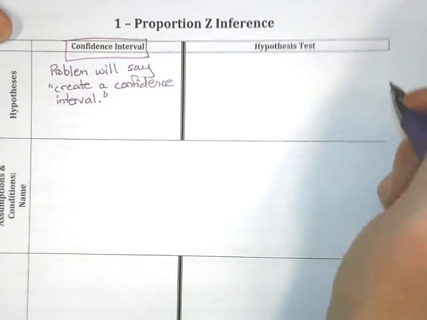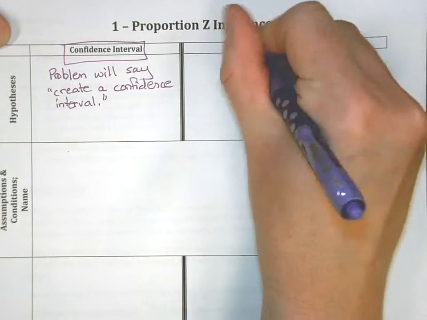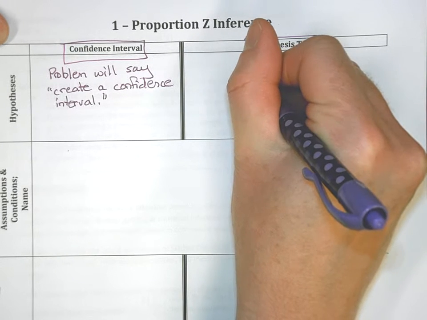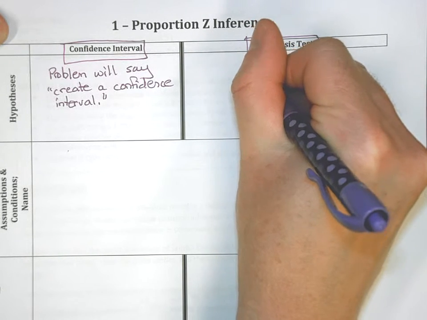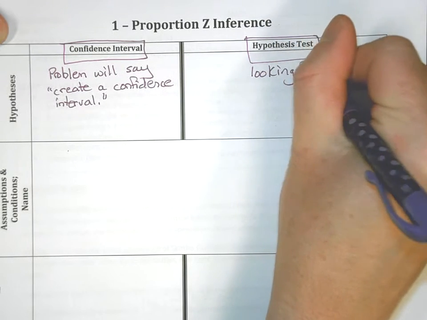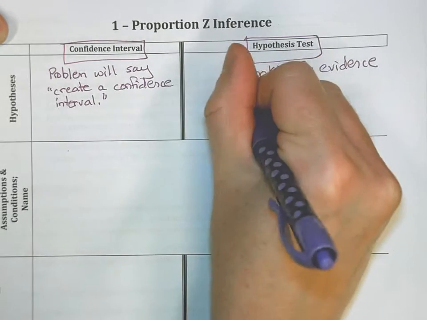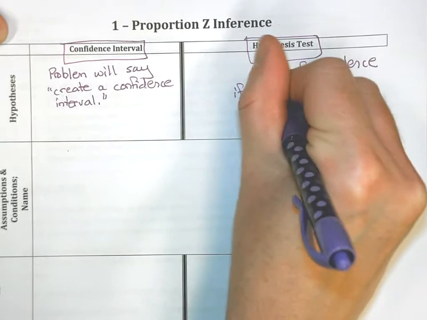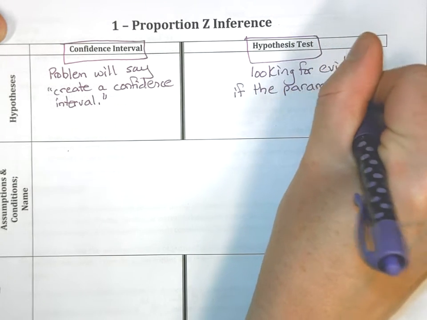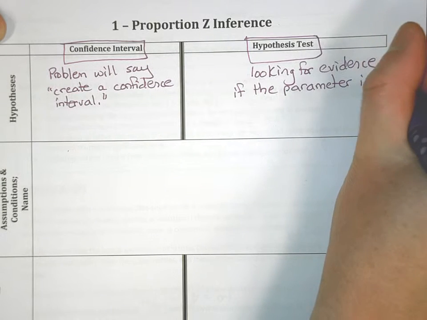If the problem wants you really to do a hypothesis test, the problem will say, is there evidence? Do you agree? This is when you're looking for evidence that the parameter is wrong.